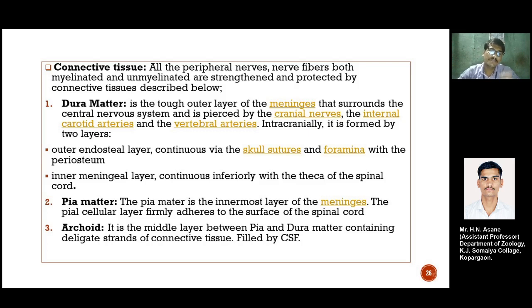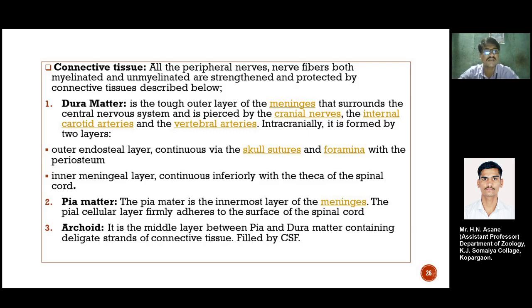So the pia mater is the innermost layer of the meninges, and the pial cellular layer firmly adheres, that means it clings, to the surfaces of the spinal cord.